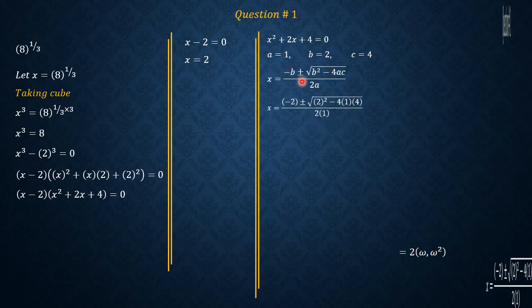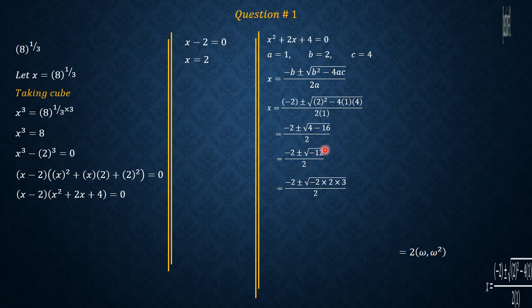Of course, if factorization is possible, then you can use that method. Now this one, putting the values, you will get minus 12, because for these questions you always have minus under the root.